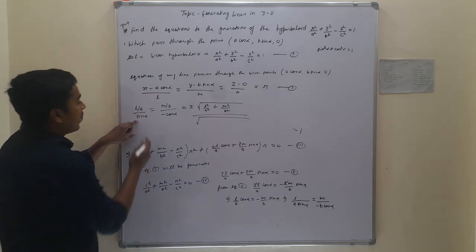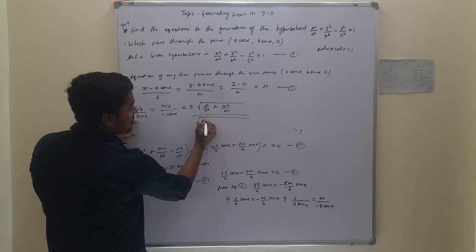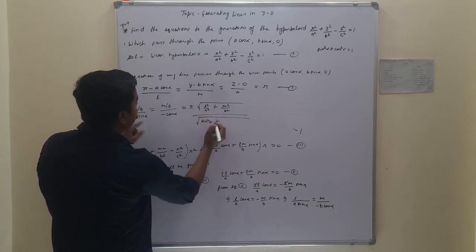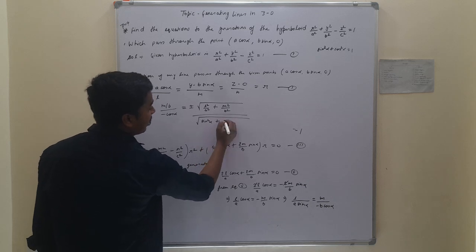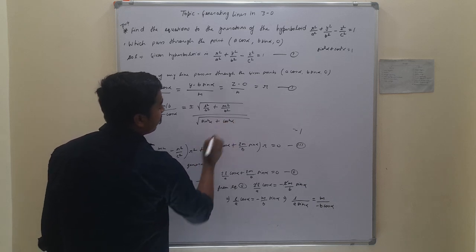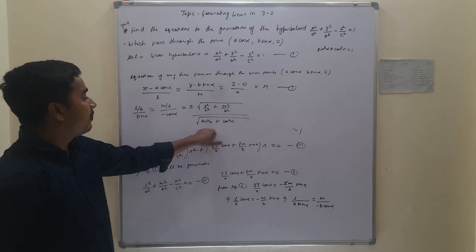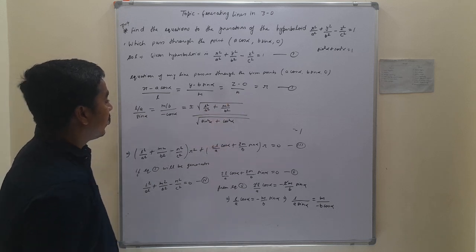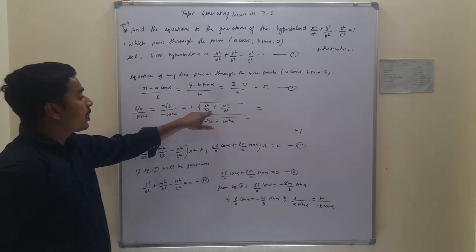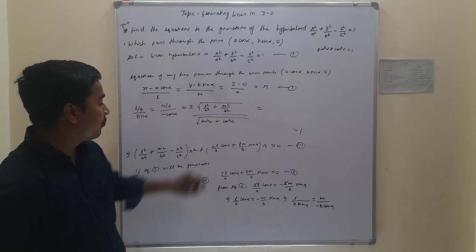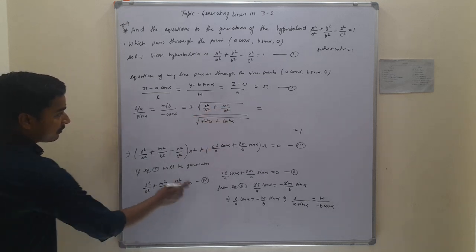This is L upon A, the denominator is sin square alpha, plus the denominator of M upon B is minus of cos alpha, which on squaring gives cos square alpha. We know that sin square alpha plus cos square alpha is 1, and we have to put the value of L square upon A square plus M square upon B square from equation 4th.